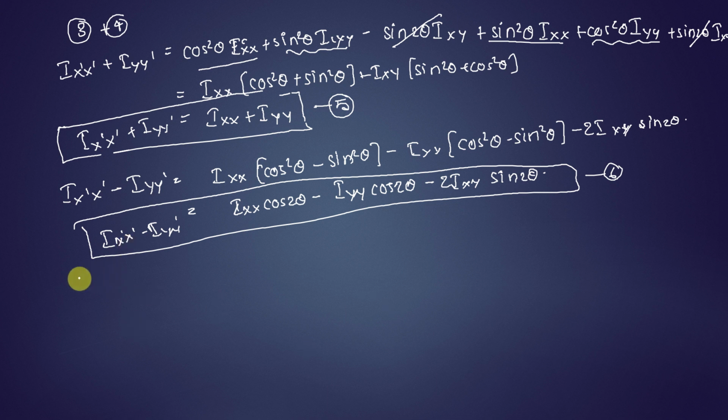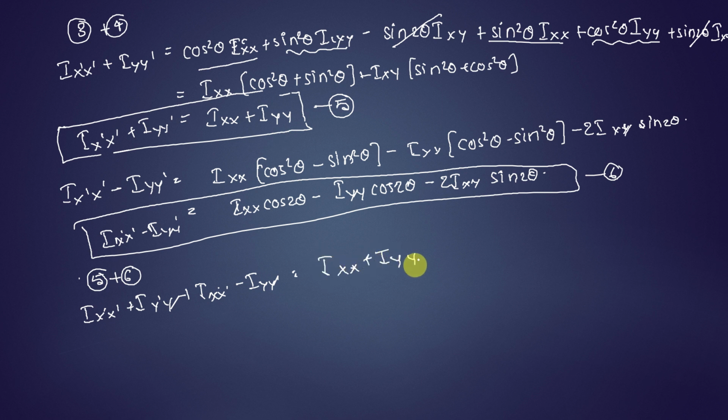So adding equations 5 and 6: Ix'x' plus Iy'y' plus Ix'x' minus Iy'y' is equal to Ixx plus Iyy plus Ixx cos 2 theta minus Iyy cos 2 theta minus 2Ixy sin 2 theta.